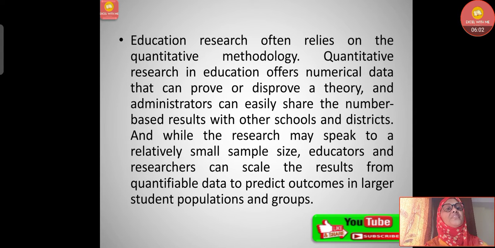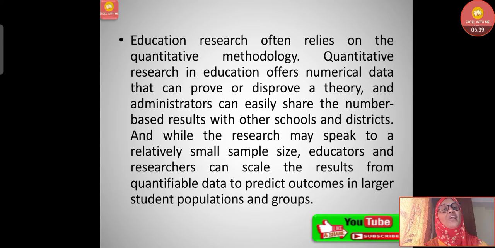Educational research often relies on the quantitative methodology. So obviously data will be collected and hypothesis will be tested here. So in educational research, most of the research is done with the quantitative methodology approach. Now quantitative research in education offers numerical data that can prove or disprove a theory, and administrators can easily share the number based results with other schools and districts, so that it will be helpful for them to find out their difficulties and problems.